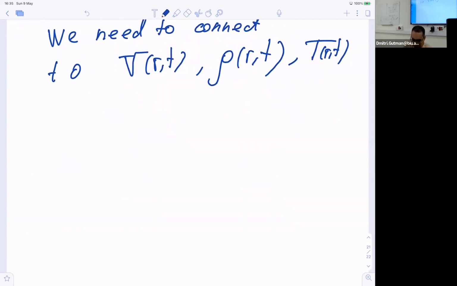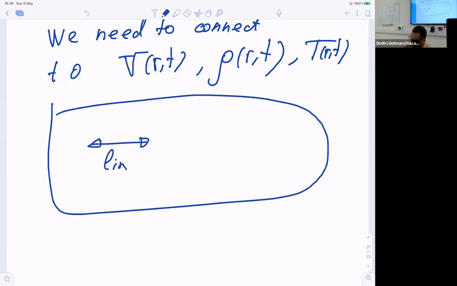So how do we do it? Once again, we go back to our favorite Boltzmann equation and say, look, the only reason why hydrodynamics works is because we are looking at the system at scales which are much, much greater than the inelastic length.